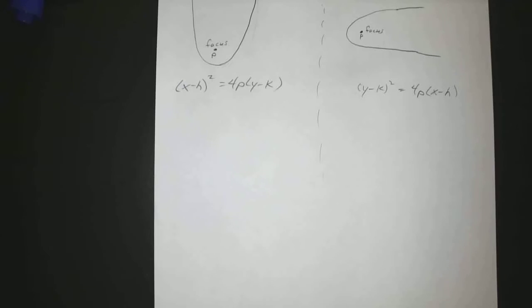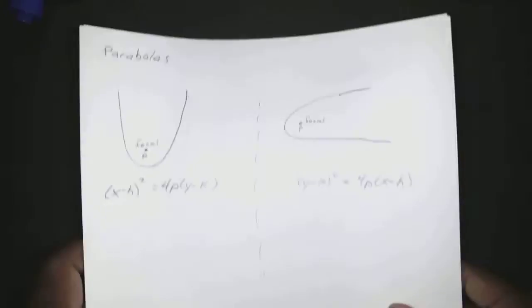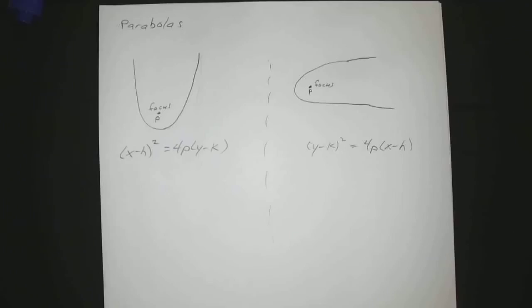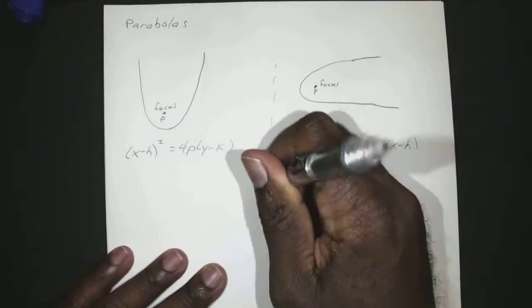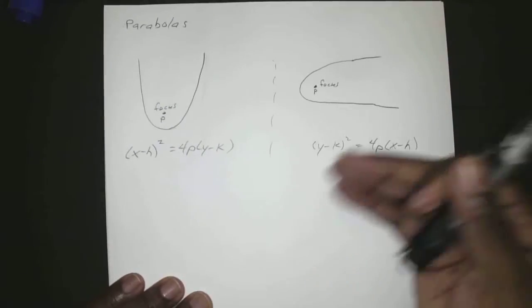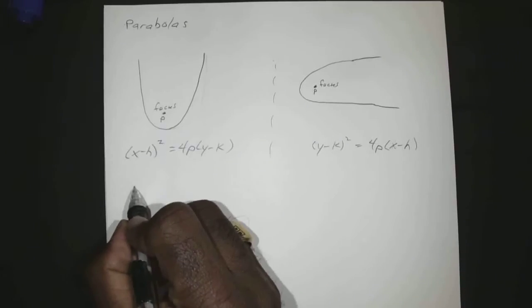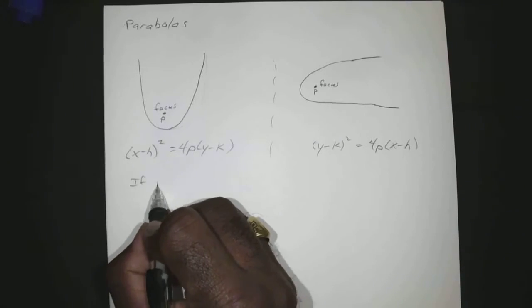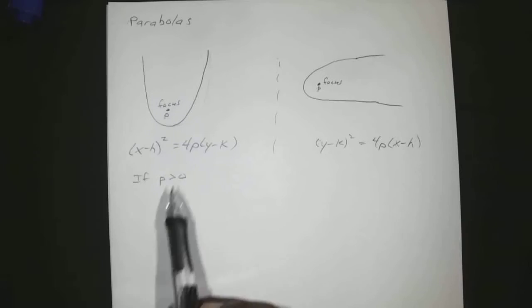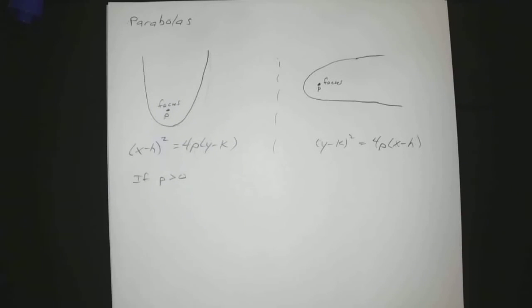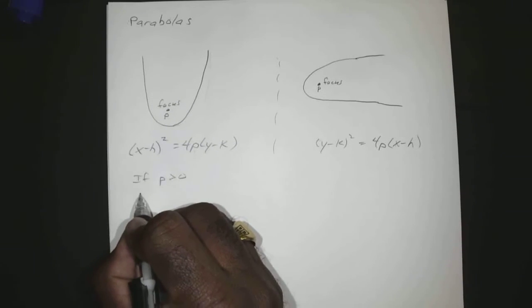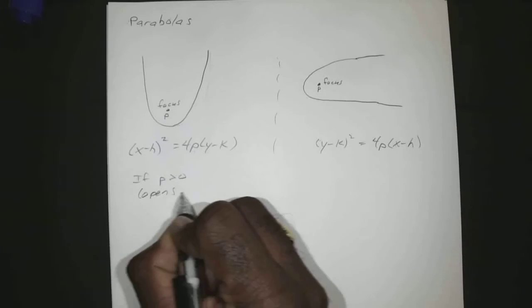Oh, let me add that to the notes. Okay, so you know that if your P is greater than 0, or if you have a positive value P there, then your graph opens upward.